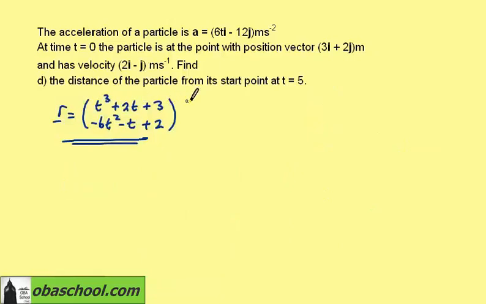We now want the distance of the particle from its start point when t equals 5. We have the position vector. If we substitute in t equals 5, r is 5 cubed plus 2 times 5 plus 3 and minus 6 times 5 squared, take away 5 plus 2.